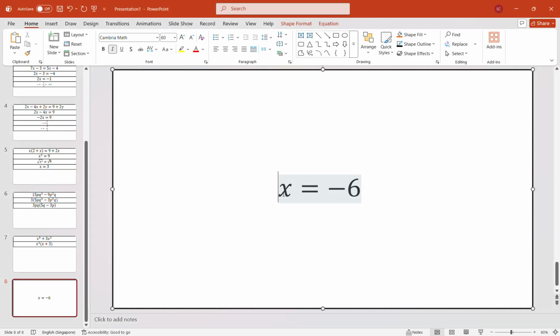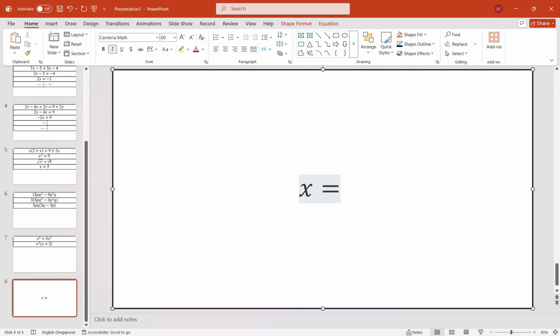Now there is a much easier way to do this. We can just square root both sides, leaving us with x plus 3 equals plus or minus 3. And then subtracting 3 gives us x equals 0, x equals negative 6.